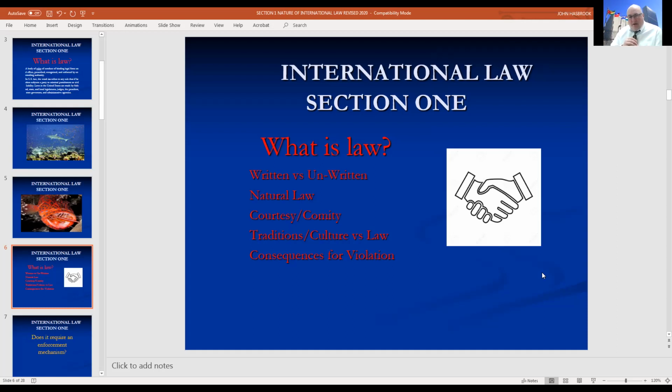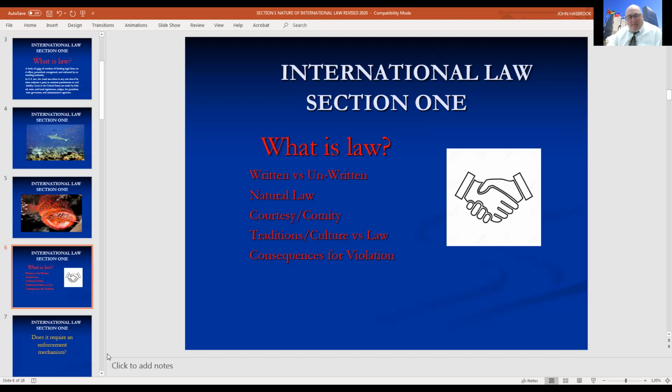Now, traditionally, when we talk about international law, we're talking about law that involves how states interact with each other, versus domestic law, which is the law that deals with the internal goings-on of a country within its own borders. So that's going to be the big differentiation we'll be using throughout this course.